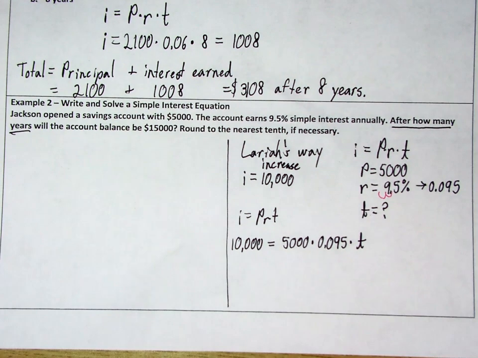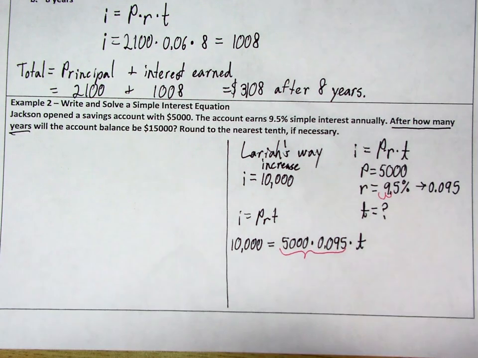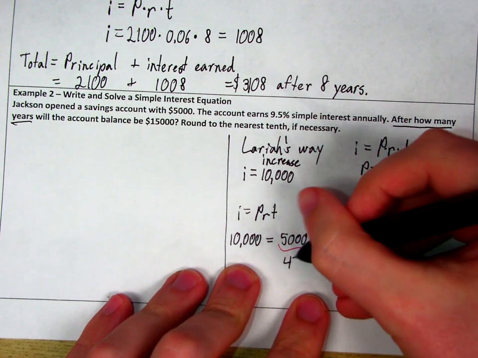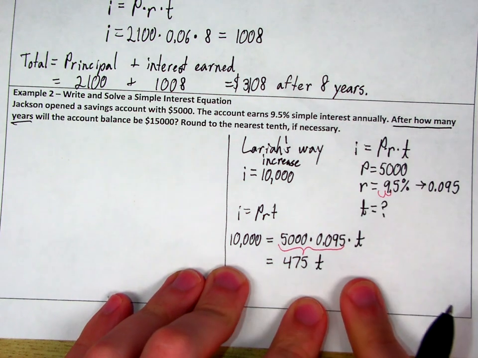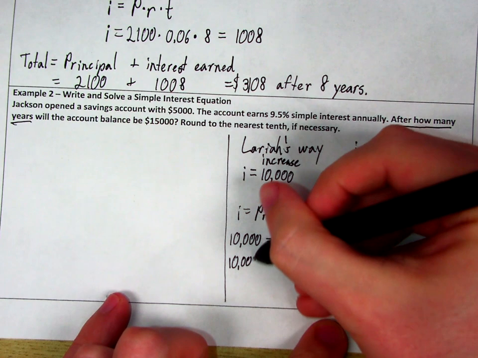We decided to multiply 5,000 and 0.095 together. In our calculator, we said that was 475. We had 475 T then equals 10,000.